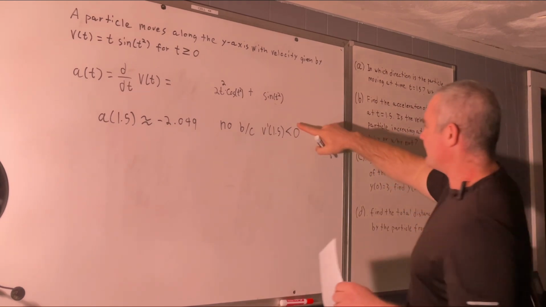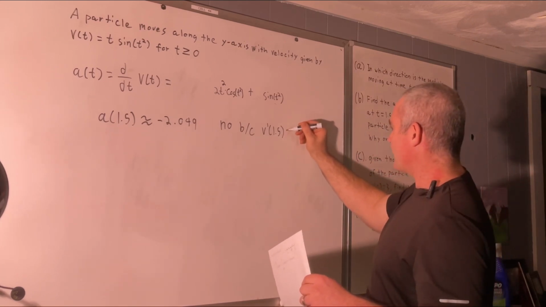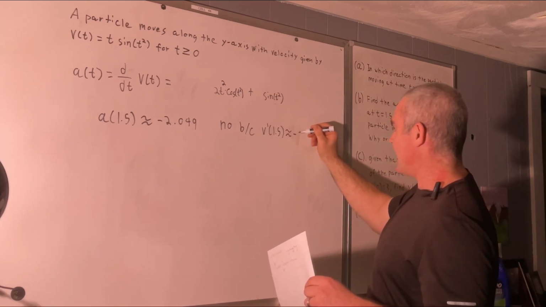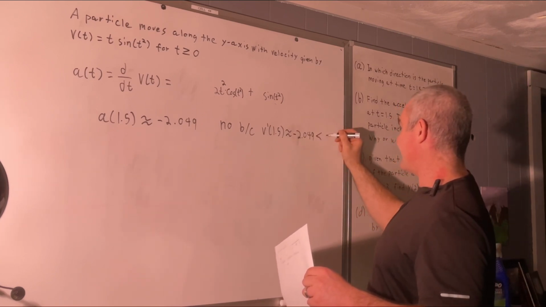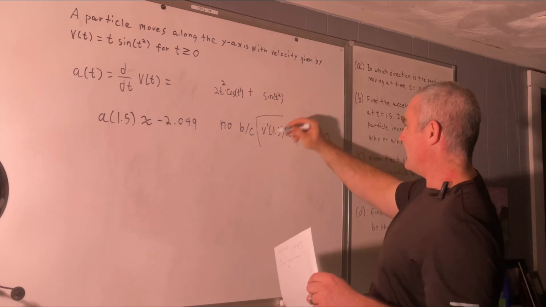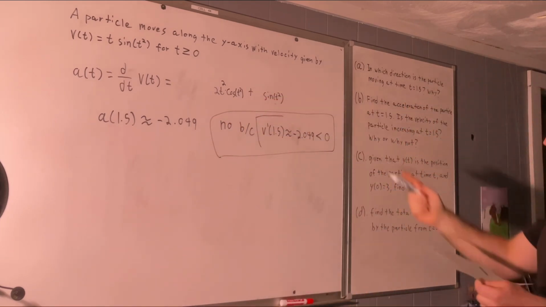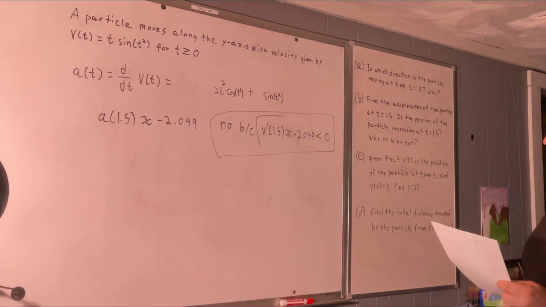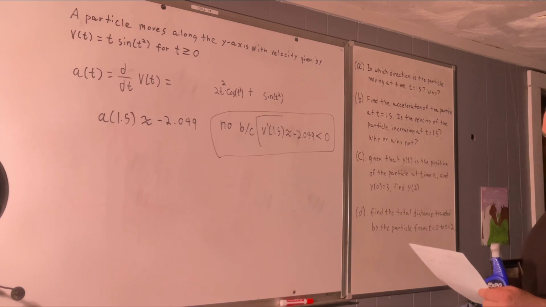You might want to put v prime of 1.5 roughly equals negative 2.049, which is less than 0, and then have that be your final answer? No, because v prime, which is the rate of change of the velocity, is a negative number. And therefore, the velocity is not increasing.